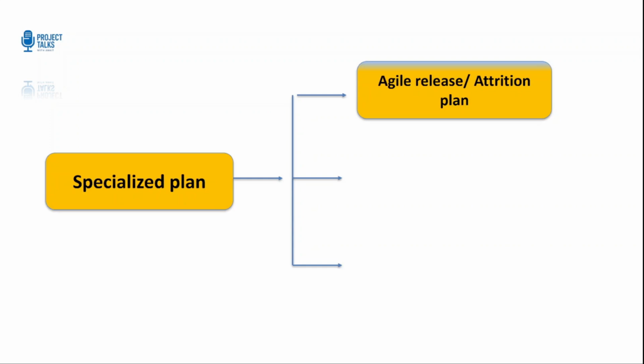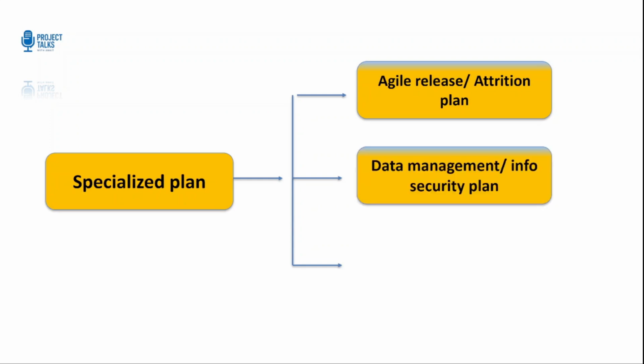On the other hand, if your project has high attrition risk, maybe team members keep changing, then you use this plan to prepare for that as well. It covers things like backup resources, documentation, and knowledge transfer so that the work done doesn't get stuck if someone leaves.